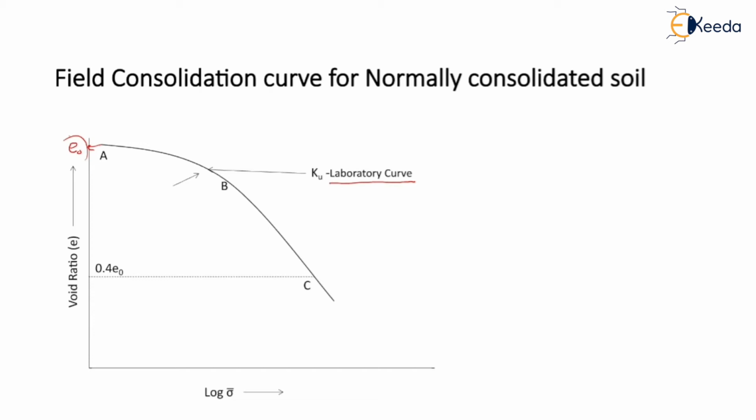Now Schmertmann stated that the field consolidation curve passes through the laboratory curve at the point corresponding to the void ratio of 0.4 e naught. So the field curve must pass through point C.